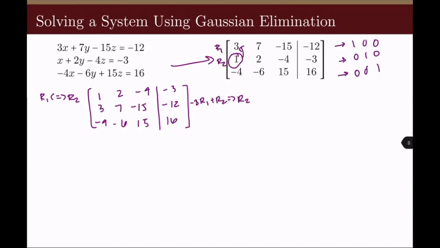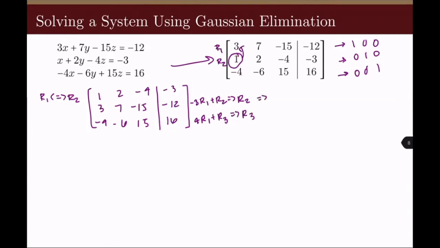That way I'll have negative 3 times this 1, and negative 3 plus 3 is 0, so I will eliminate this 3. Then I want to eliminate the negative 4 in row 3, so I'm going to multiply 4 times row 1, and add that to row 3 to get the new row 3.